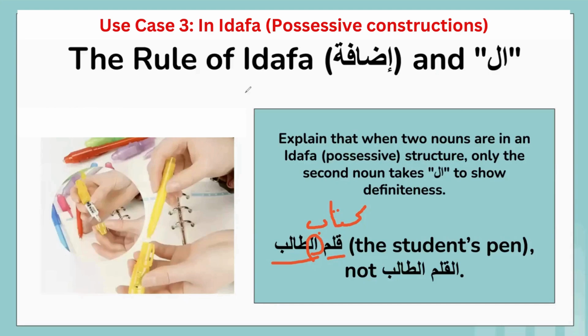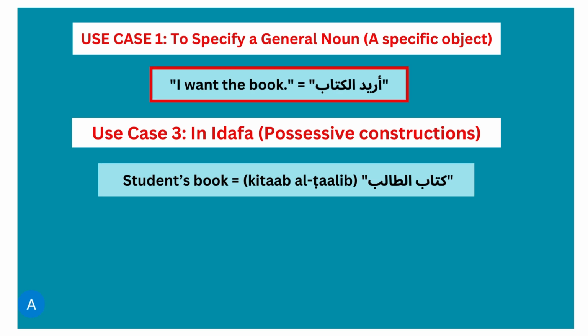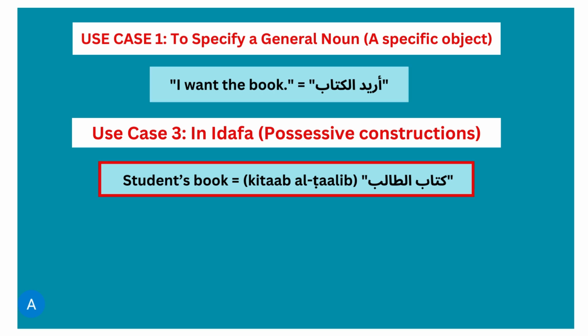And the same concept, inshallah, I'll explain again in the next class. Let's compare these two forms, use case 1 and use case 3, where we have al for the second words, but the meanings are different. If you see this example, I want the book, urid al-kitab. And here we have kitab at-talib, and we are saying it's the student's book. So why is it different?